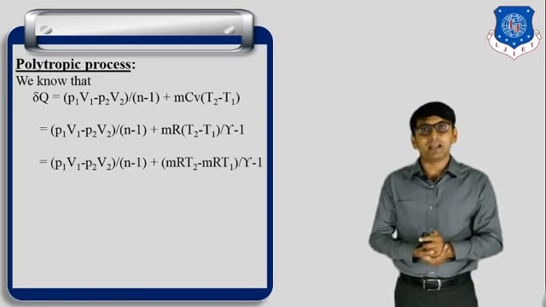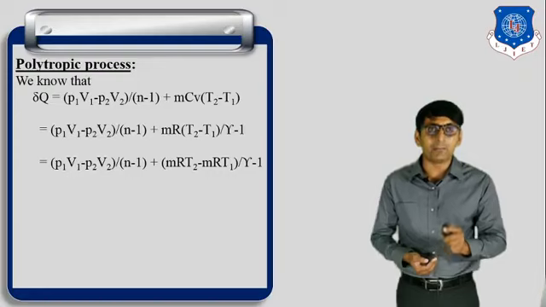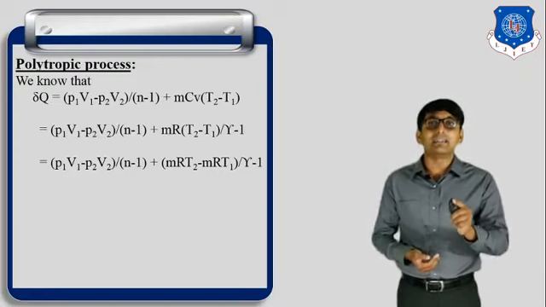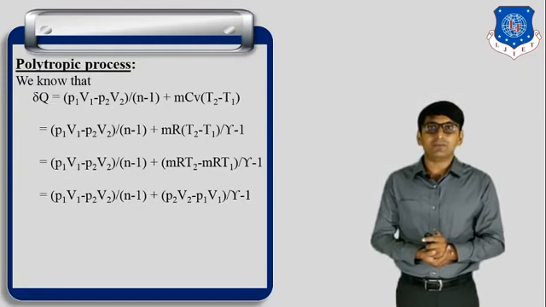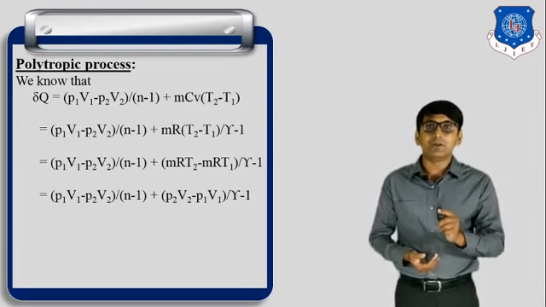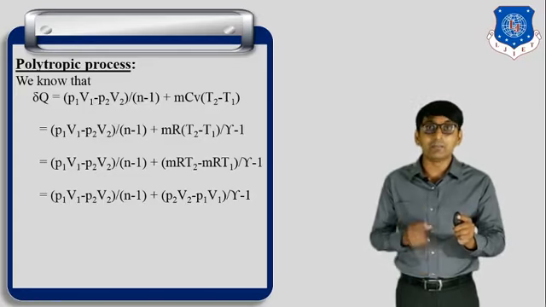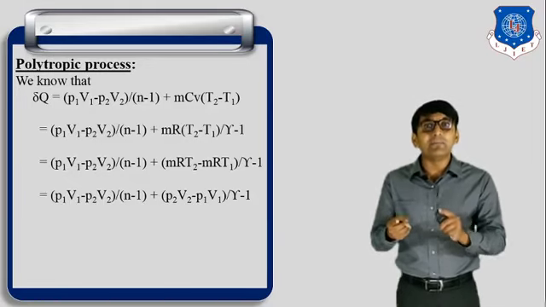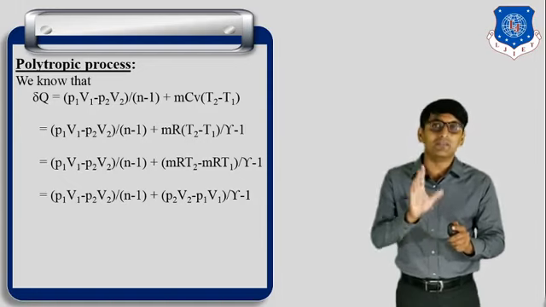If we separate the bracket, it is (P1V1 - P2V2)/(n-1) + (mRT2 - mRT1)/(gamma-1), which equals (P1V1 - P2V2)/(n-1) + (P2V2 - P1V1)/(gamma-1). It means we write P2V2 in place of mRT2 and P1V1 in place of mRT1.